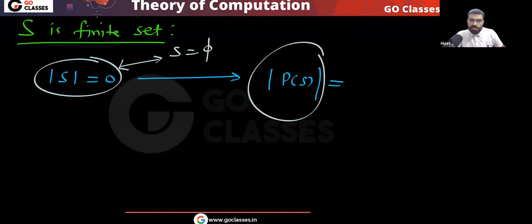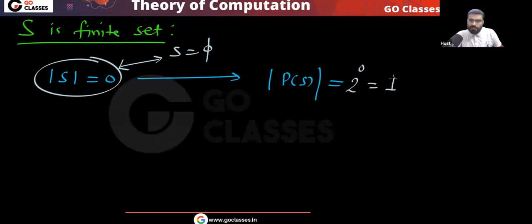Then what will be the cardinality of the power set of S? That will be 2 to the power 0, that is 1. Can you notice the cardinality of the power set is strictly greater than the cardinality of S?